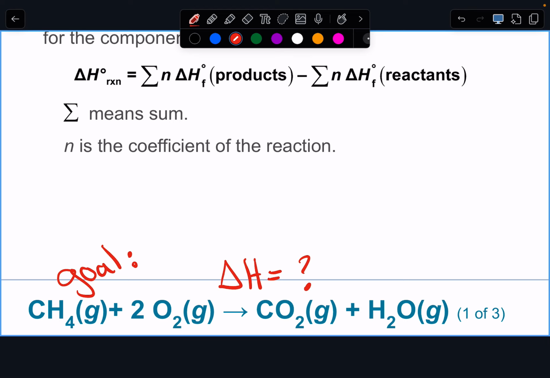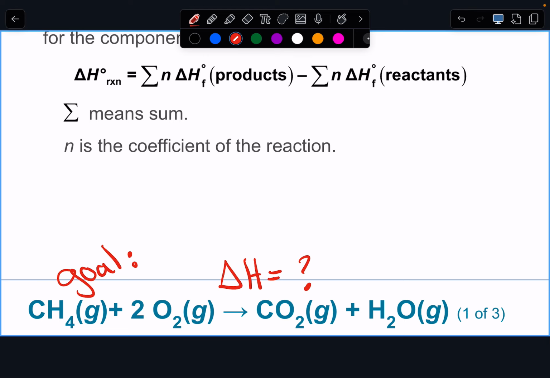In reality, the rest of this page shows you how this works out with Hess's law if you actually used the equations, but we're just going to skip over the equations for now and use this mathematical equation rather than a chemical equation to calculate the delta H.